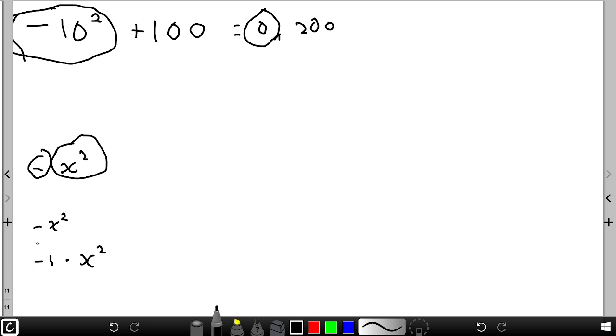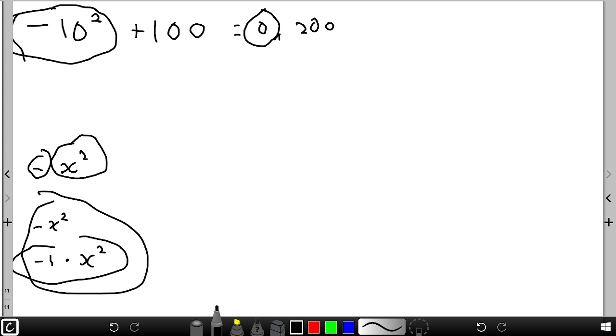If I give you the bottom one, you do the square first, and then apply the negative 1, because you do exponents before multiplication. That's simple order of operations. So why does that change when we do this? That's pretty much what that means.